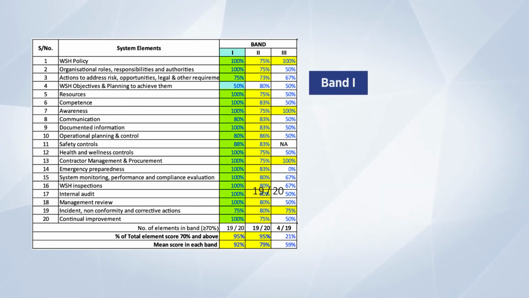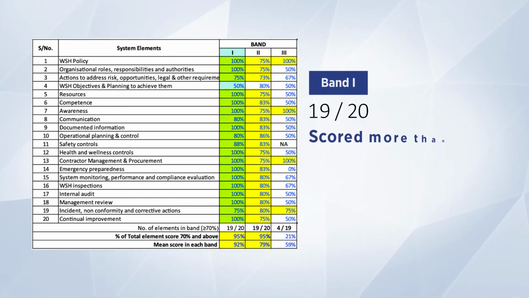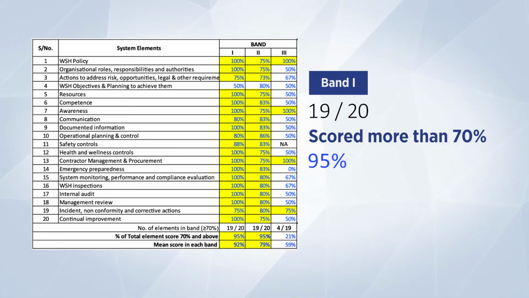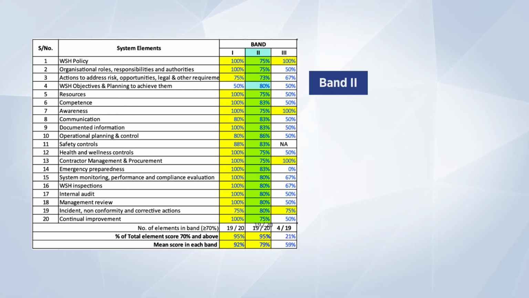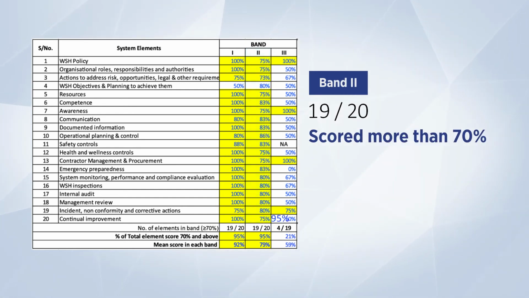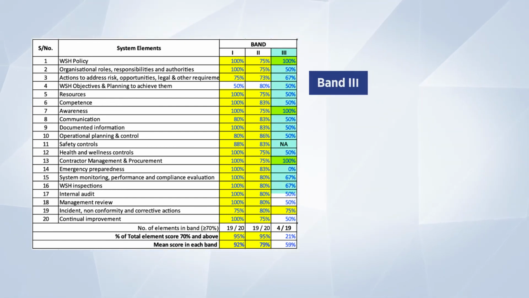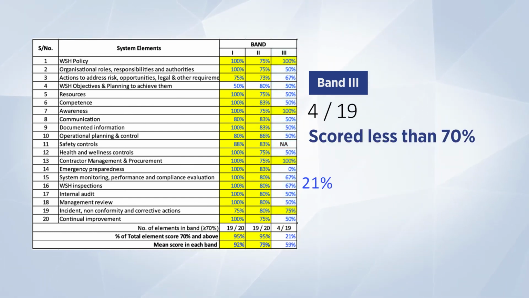Band 1, 19 out of 20 score more than 70%, so it scores 95%, pass. Band 2, 19 out of 20, which scores 95%, pass. Band 3, only 4 out of 19, so it gets 21%, fail.